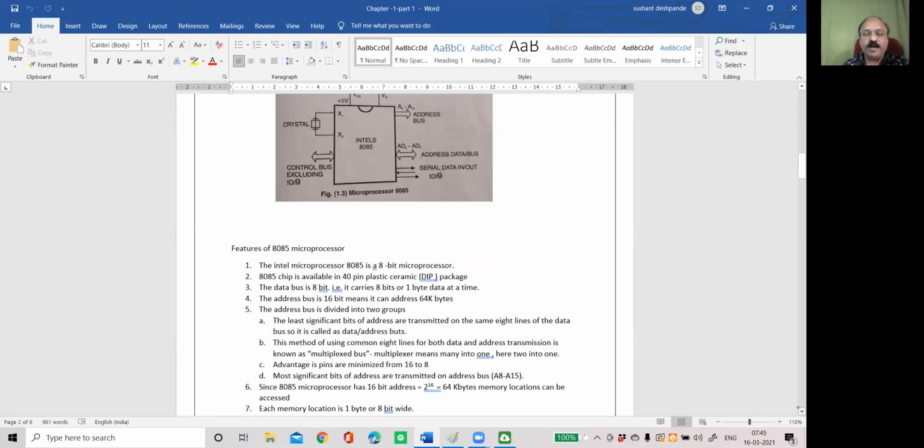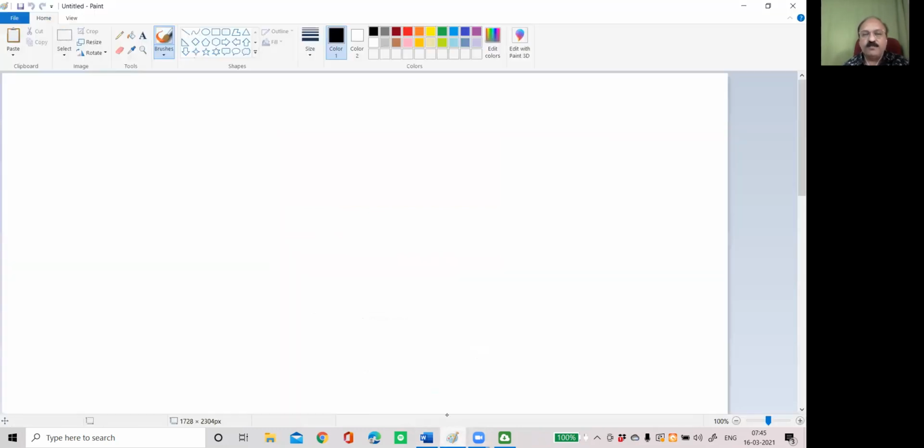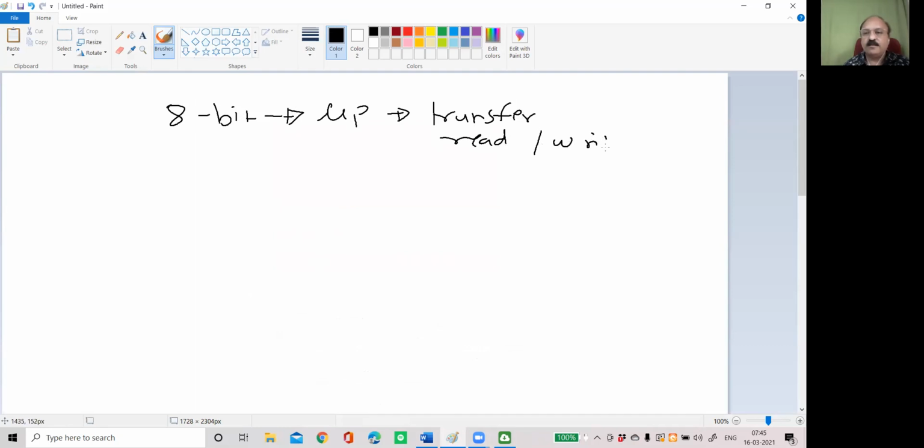What do you mean by an 8-bit microprocessor? It means the microprocessor has the capacity to transfer, that is to read or write, 8 bits at a time.